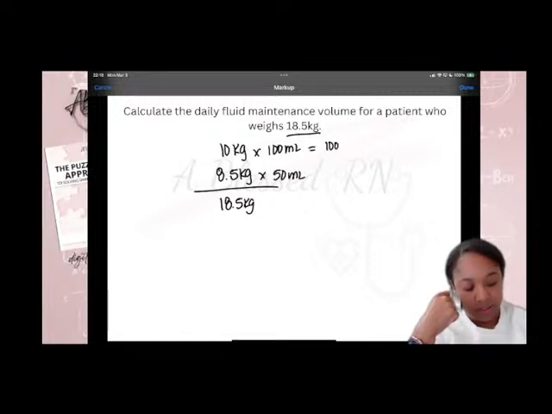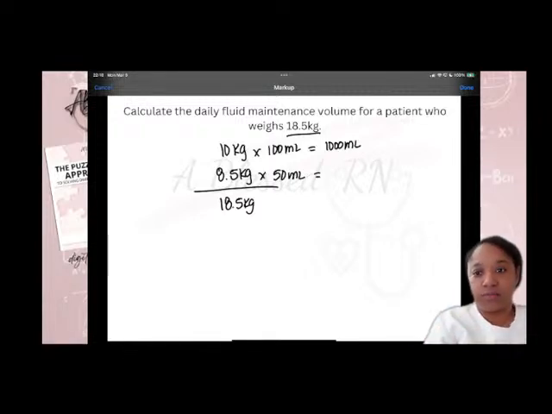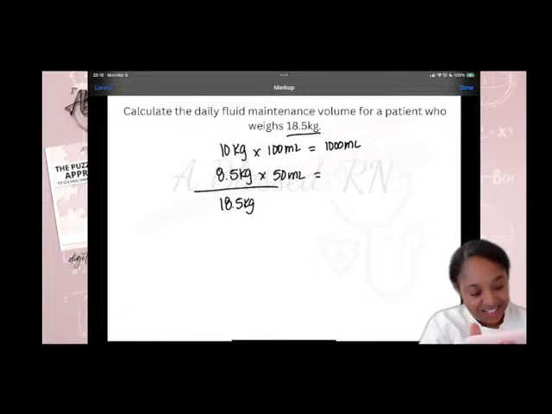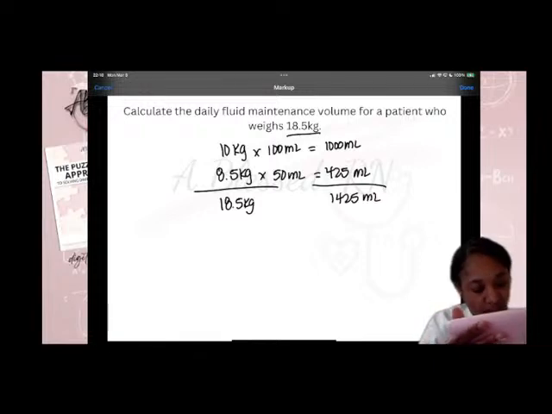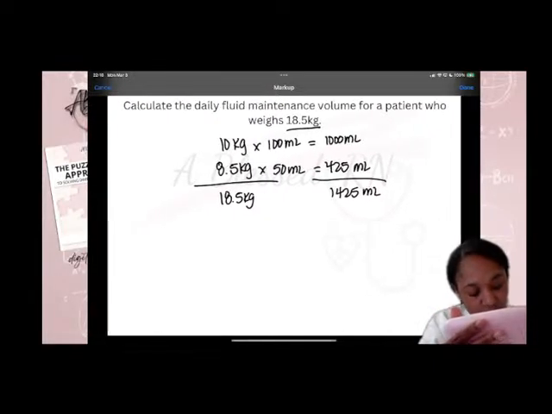So that's 1,000, and then whatever this is. Let's do 8.5 times 50 equals 425. So 1,425, and that's per 24 hours.